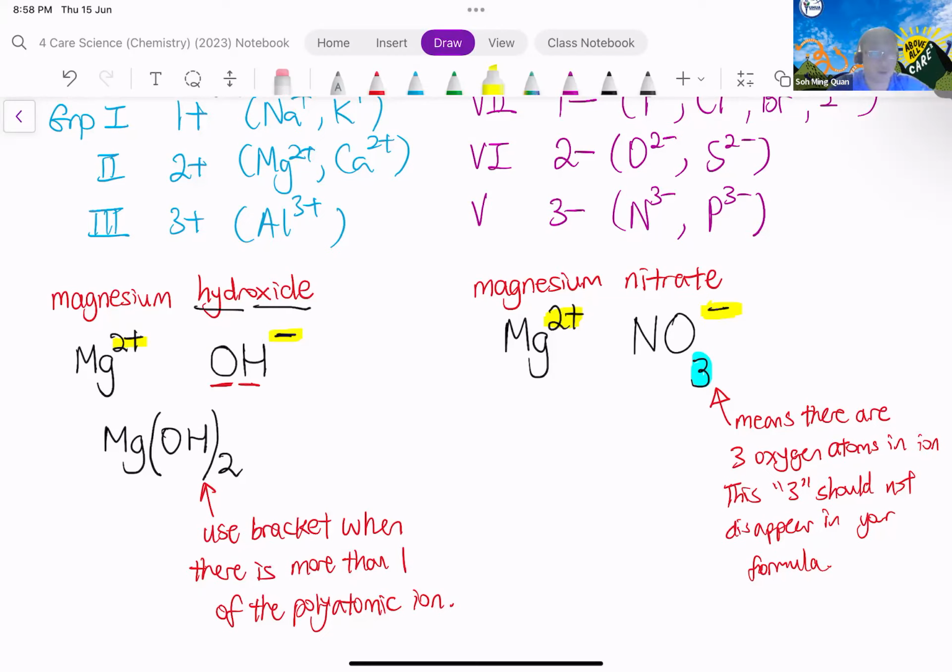Magnesium has double positive charge. So to balance out my magnesium's double charge, I need 2 nitrate ions. And you can clearly see my 3 hasn't vanished. It's still there. All right, so magnesium nitrate, Mg, bracket, NO3, 2.